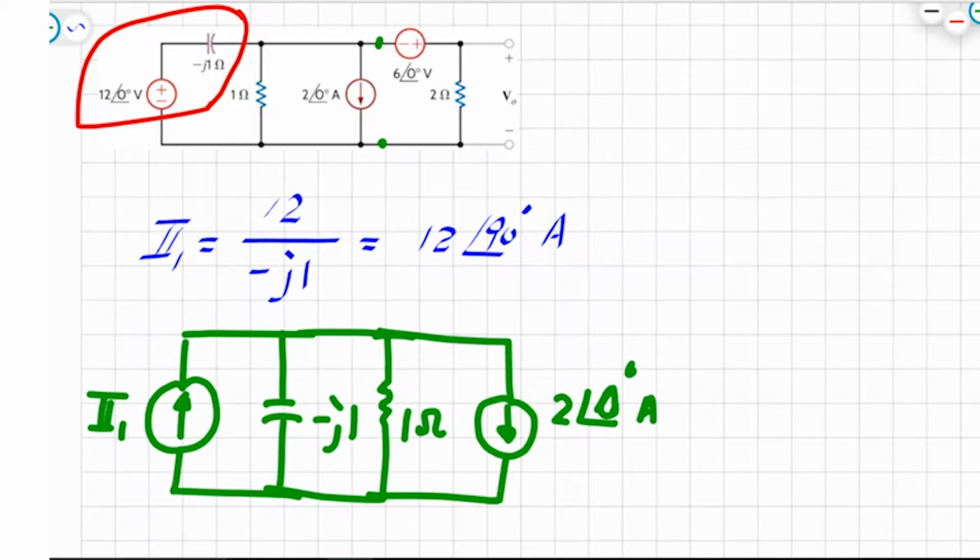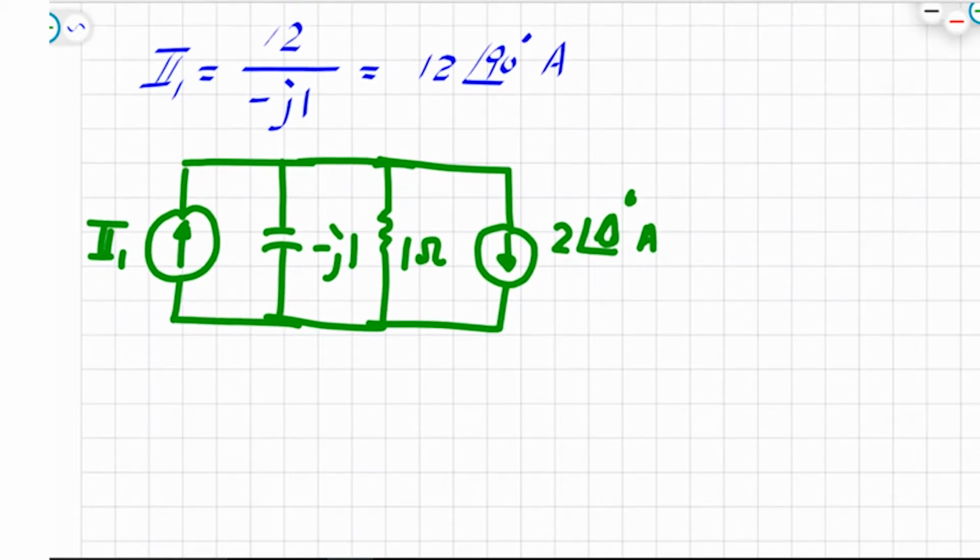We have the resistor and capacitor right here, and the inductor here. The summation of the two current sources.